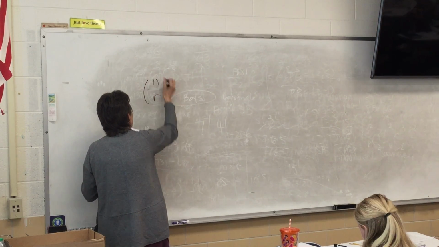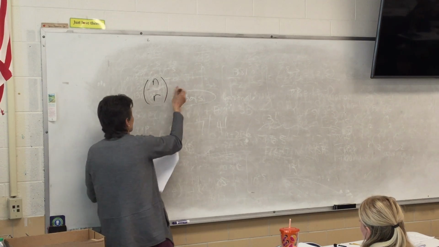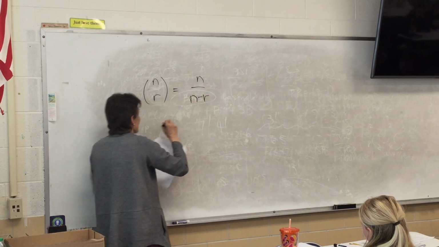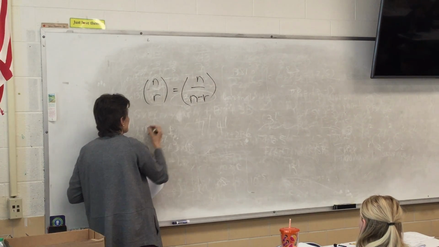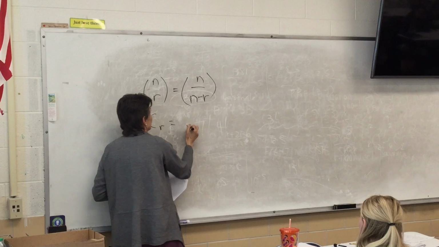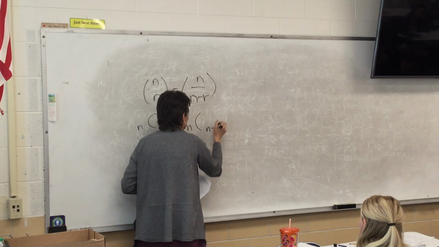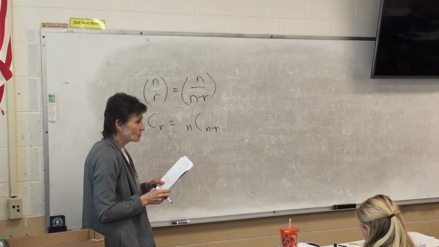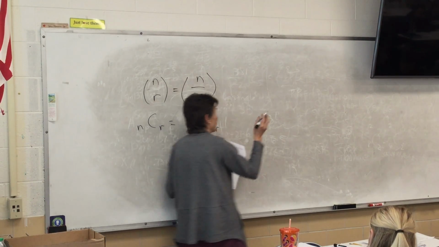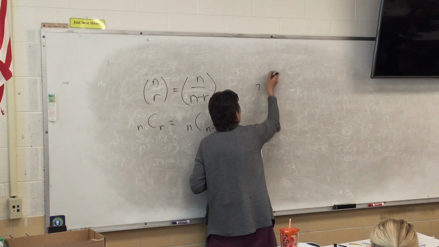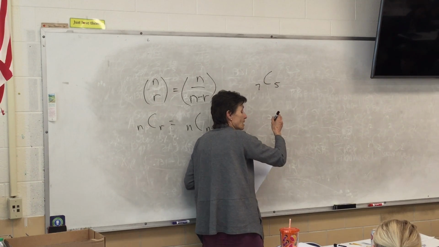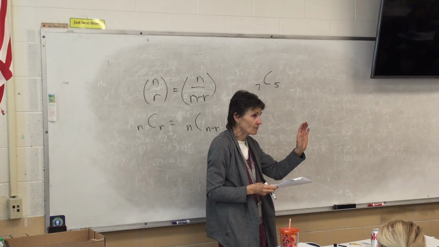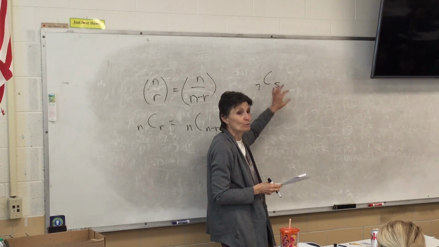All right, so I had told you yesterday that this notation means the same as this. I'd also told you, and I use numbers because these letters get confusing, if you had 7C5, the by hand formula, you would never do this with your calculator, because your calculator will just do that.